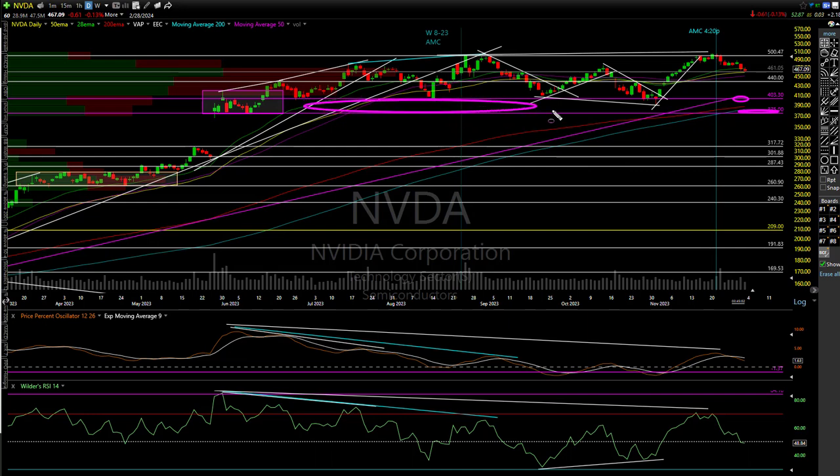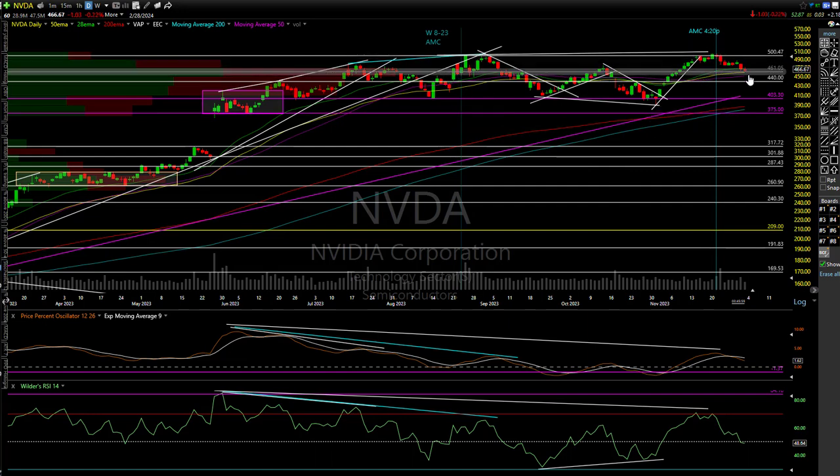Look at all those levels right there. Look what NVIDIA's done in this range. It's been in this big sideways trading range. That reminds me a lot of the stock market, and many individual stocks that were topping out in a similar fashion leading up to the highs around the beginning of 2022.